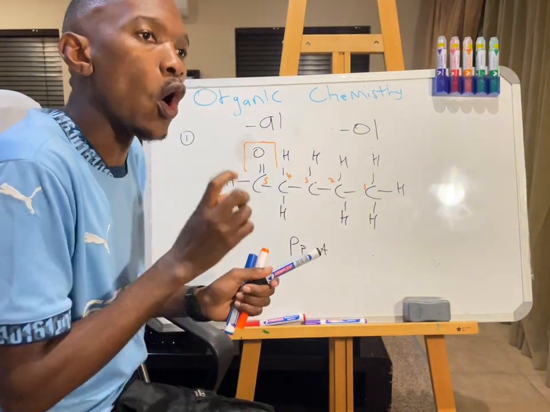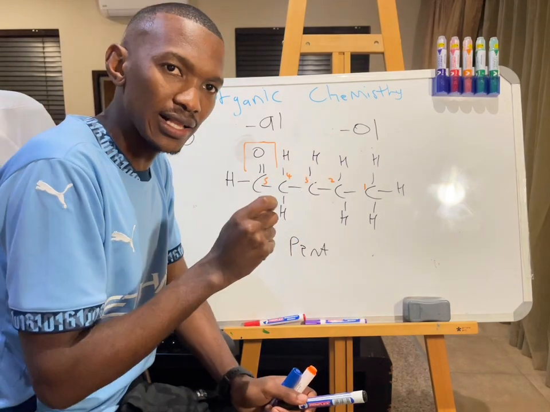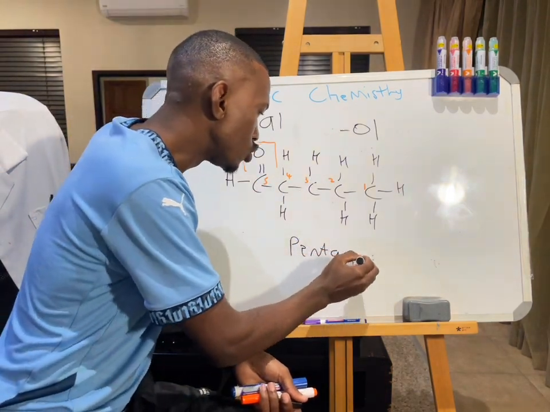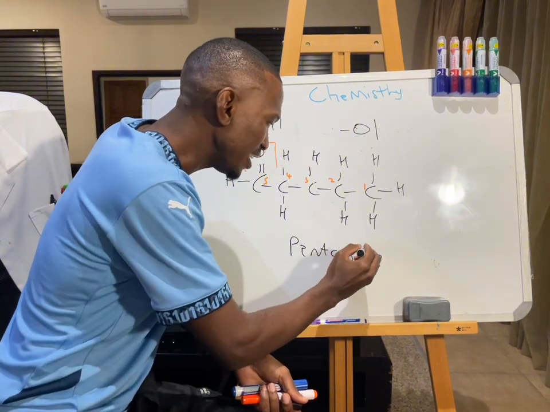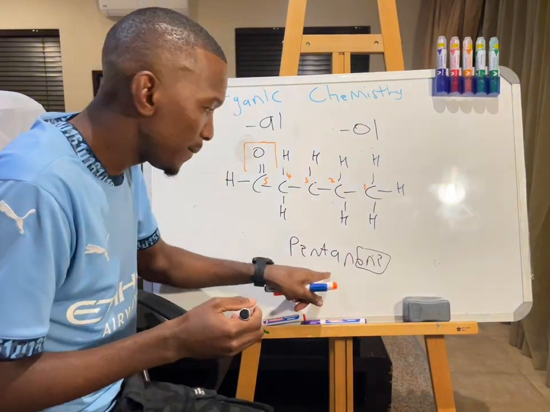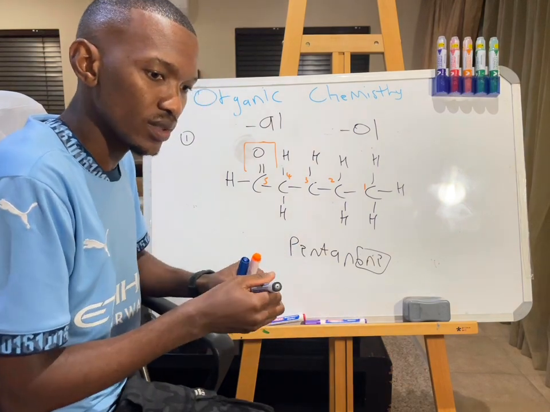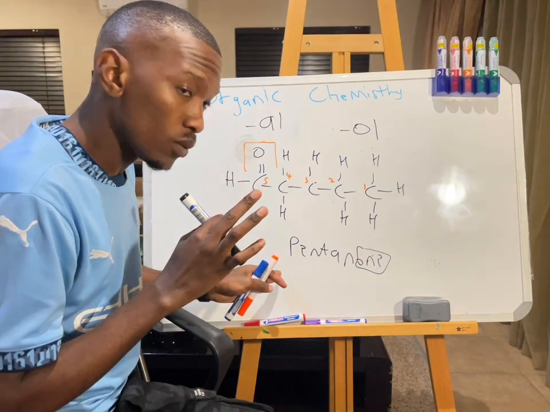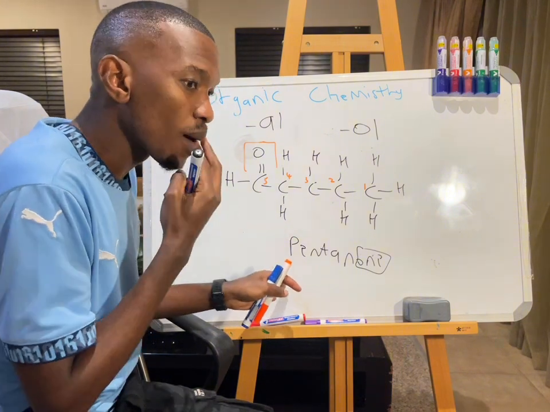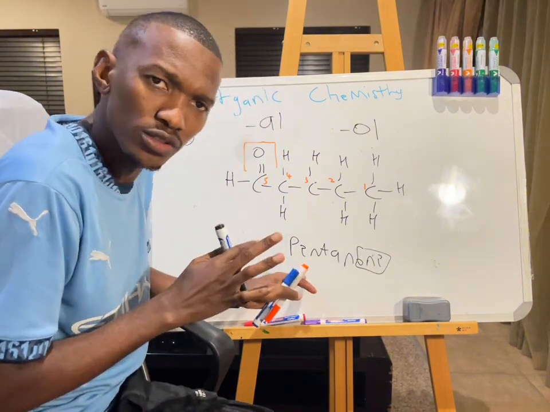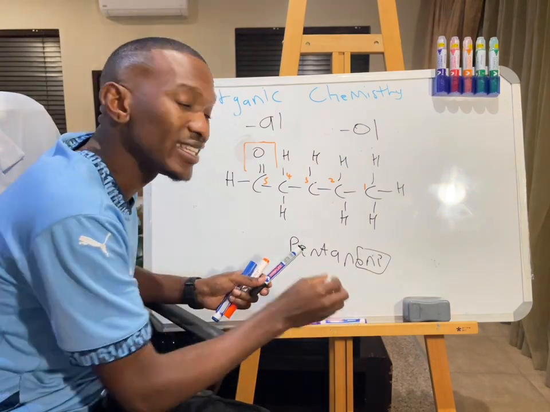The ones that end with OL are alcohols. But the ones that end with ONE, like pentanone, propanone, 2-butanone, as long as they end with ONE, they are ketones.